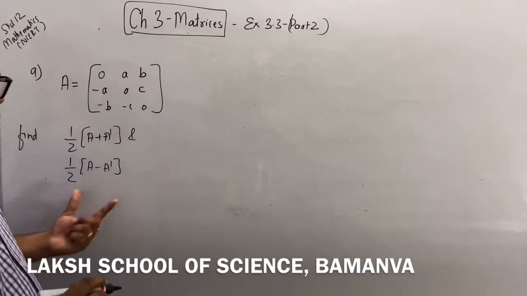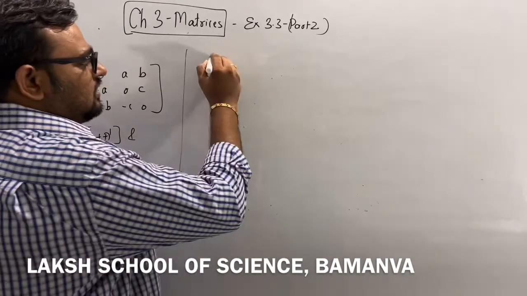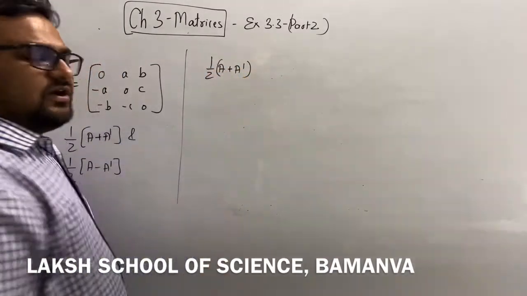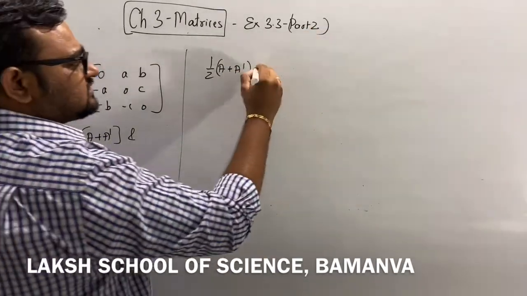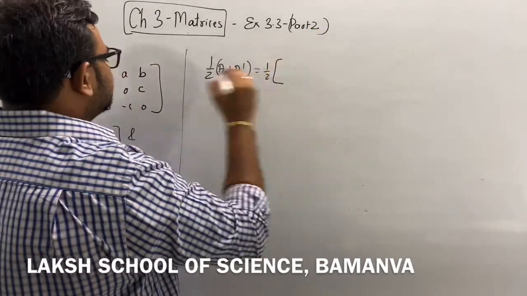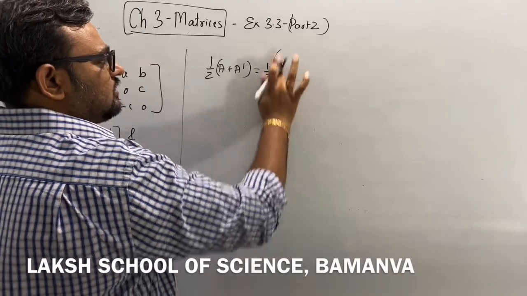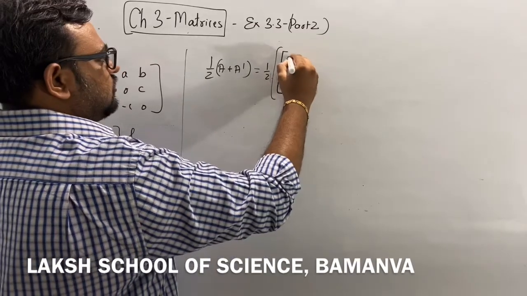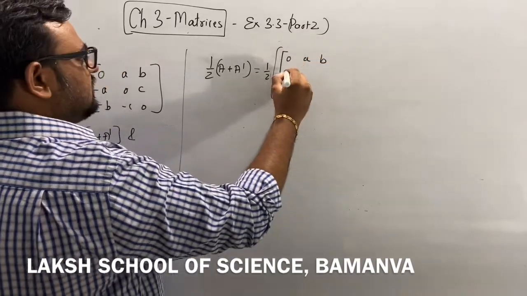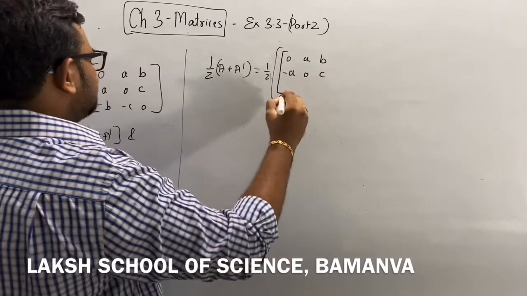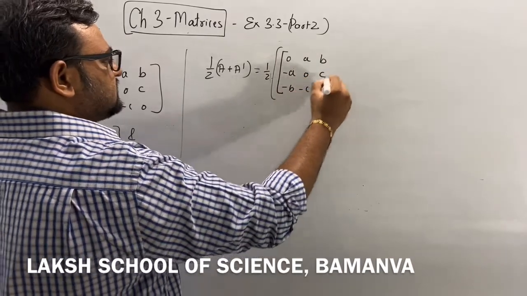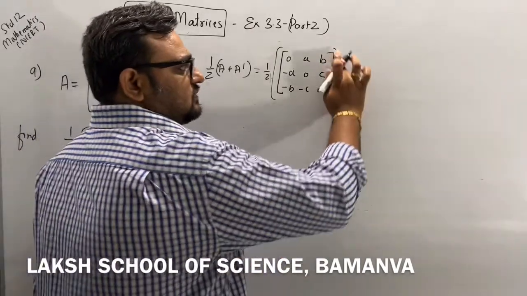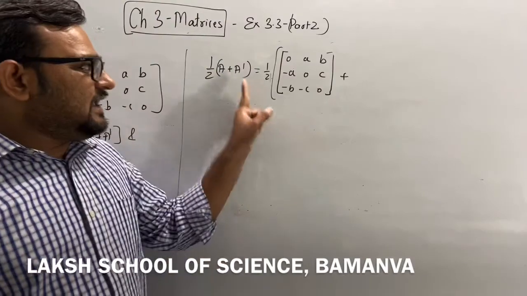Okay, so let's start with this first. Half A plus A transpose. So what will be this? Half. What is A? 0 A B, minus A 0 C, minus B minus C 0, plus A transpose.